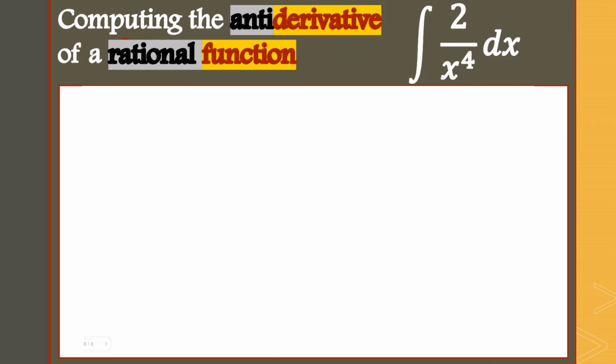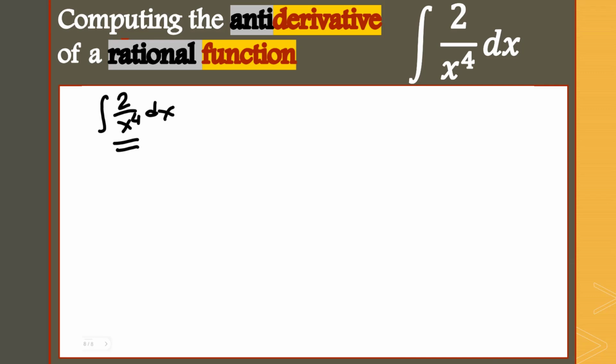We are just adding it here right after the discussion for the constant multiple rule, because this type of function, the integral of 2 over x to the power of 4 with respect to x, can be expressed as a certain function with our exponent for x not equal to -1. Again, there are also some special cases, because if n is equal to -1, and for situations where the denominator of a certain function is a binomial expression, we are going to use another rule.